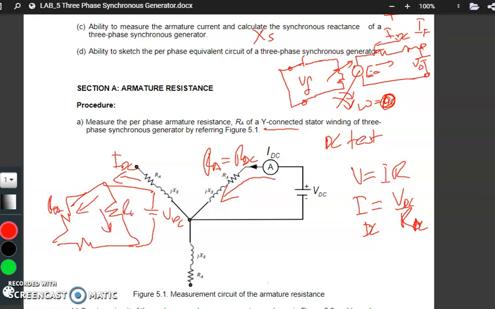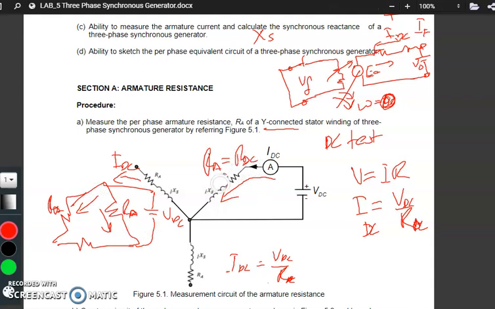So at this time RA is no more RDC. We have IDC equal to VDC divided by RDC, not RA, at this time. Because RA now should be recalculated.